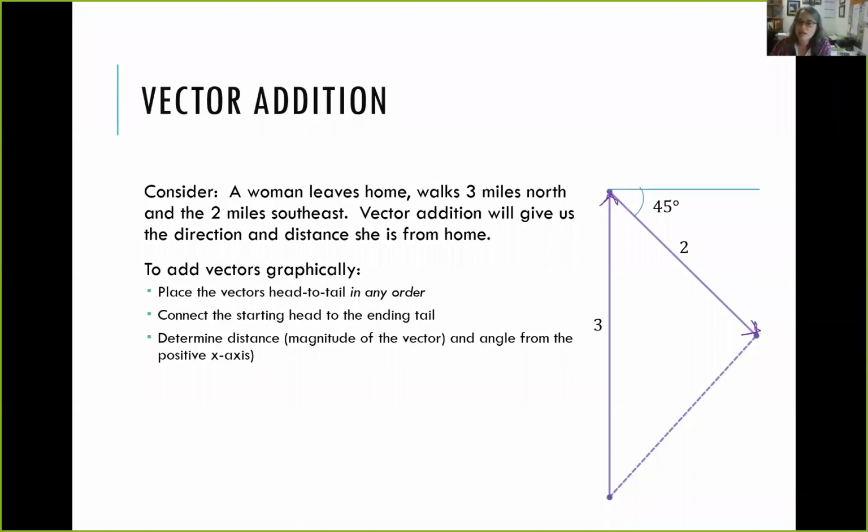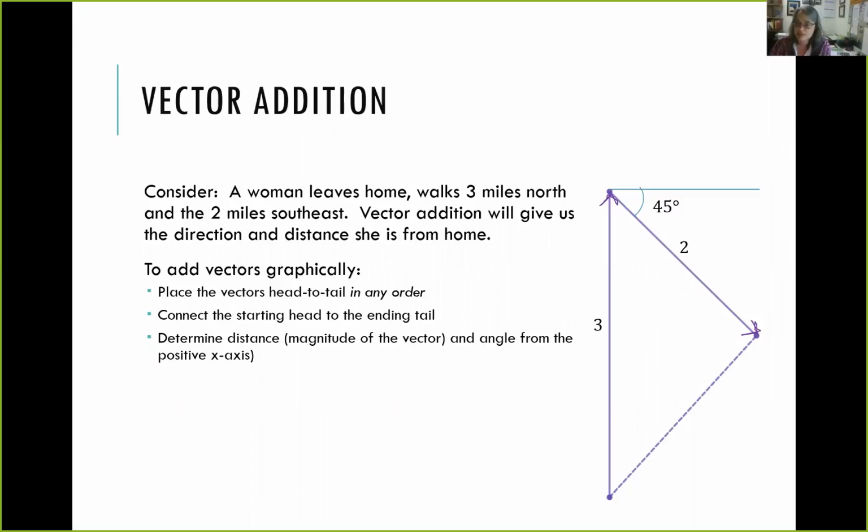And if we want to know her straight line distance and direction from home, we add these two vectors together. So to add vectors together, it really doesn't matter which one we start with. We pick one and we put its tail in a spot, and then we place its head according to its magnitude and direction.